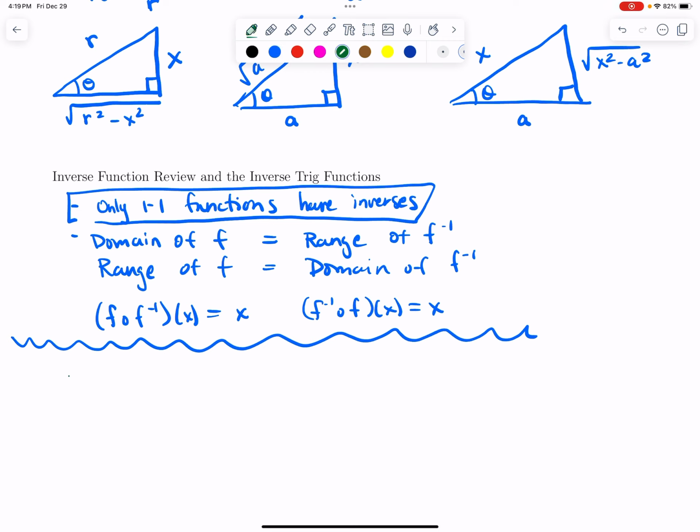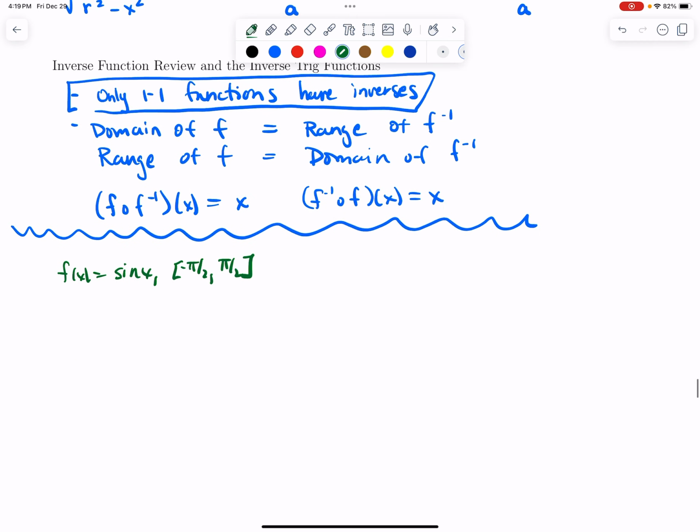So if I said f of x is equal to sine of x from negative pi over 2 to pi over 2, that's the standard restriction when talking about sine and its inverse. It spans the entire range of sine, but is also one-to-one. This function is one-to-one and has an inverse.